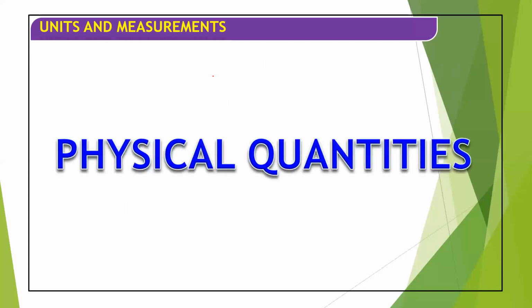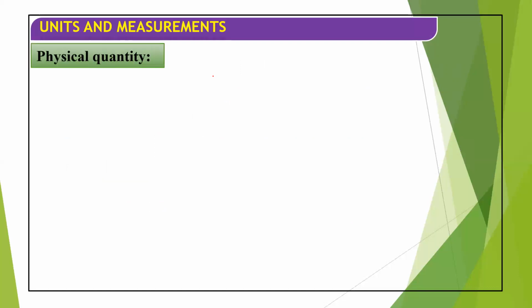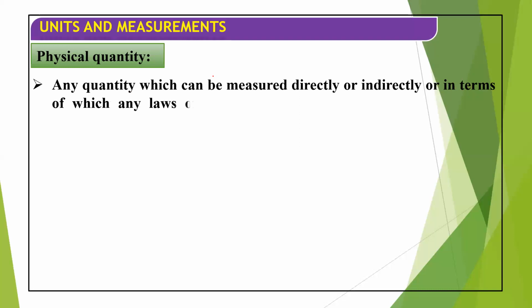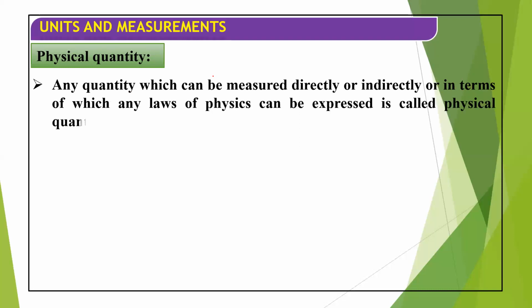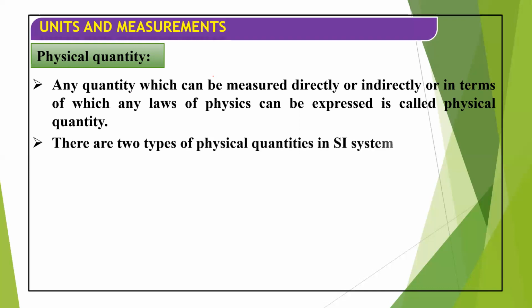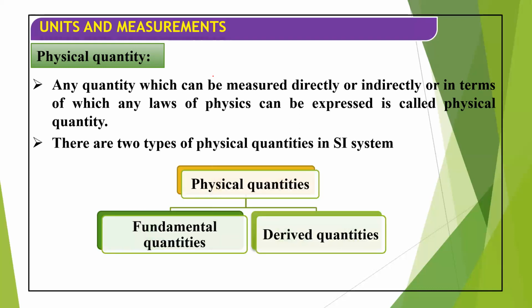Let's move ahead and understand the standard definition of physical quantity. Any quantity which can be measured directly or indirectly, or in terms of which any laws of physics can be expressed, is called a physical quantity. There are two types of physical quantities.